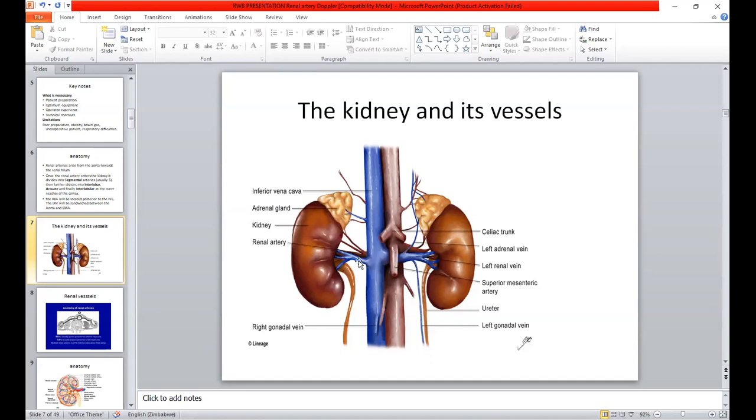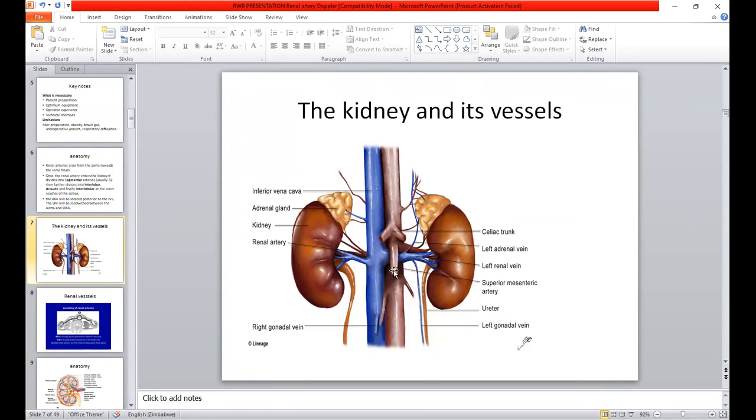That's one. The other thing is the right renal artery is behind the IVC. The IVC is the one in blue, and the right renal artery is behind it. And also the left renal artery goes anterior to the aorta and is sandwiched between the superior mesenteric artery and the aorta, right?